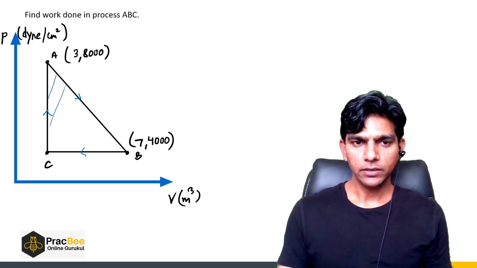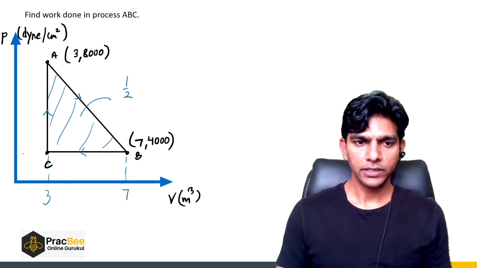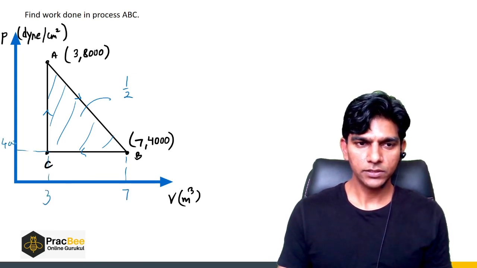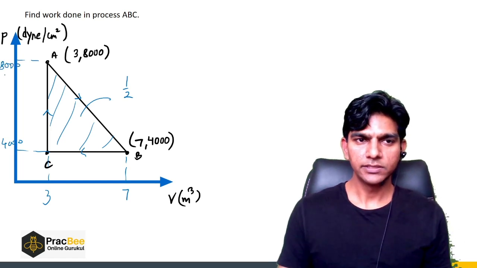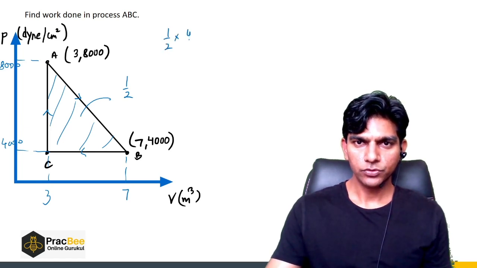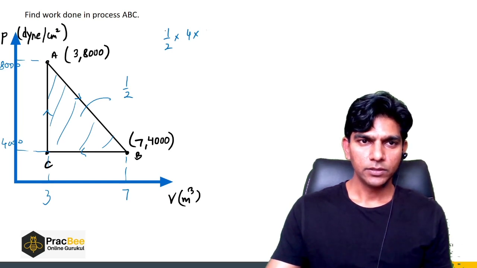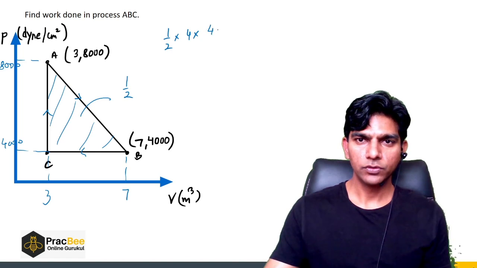Now what is the area of this? So area will be half. Can you see the values? This is 7 and this is 3 and this is 4,000 and this pressure is 8,000 in CGS unit. So work is half, base is 4, which is in meter cube, right? Multiplied with the height, which is 4,000.